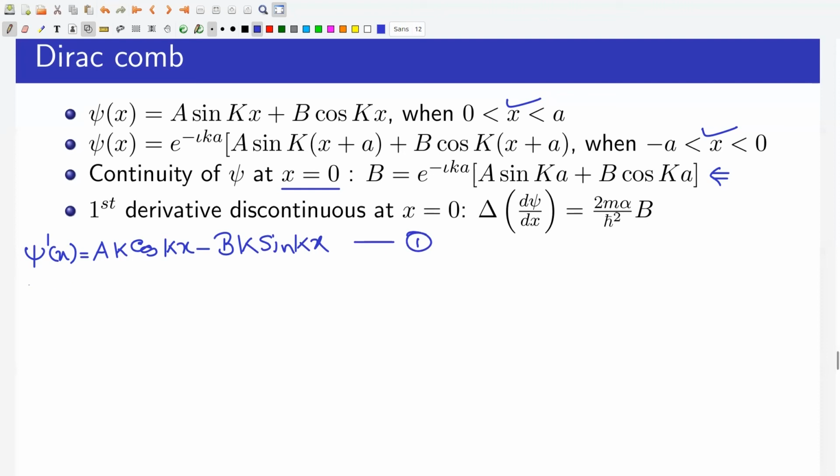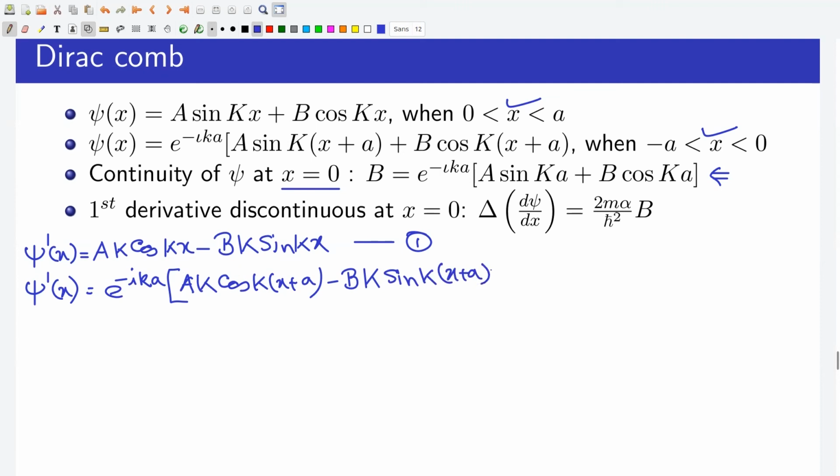From the second equation, we write the first derivative to be equal to e power minus i k a times k cos of k(x plus a) minus b k sine of k(x plus a).